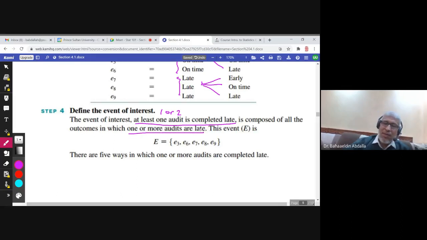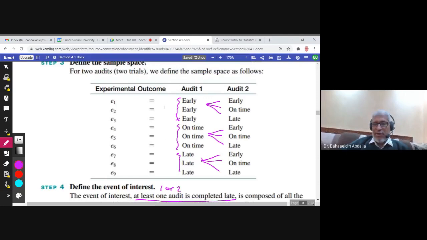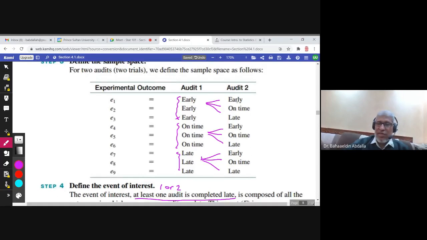So let us go here. The first outcome, early. Is this included? Are we interested in this outcome? No, we are not interested in this outcome because both are early. We need at least one to be late. Early, on time, we are not interested. Early, late, yes. 1 late.